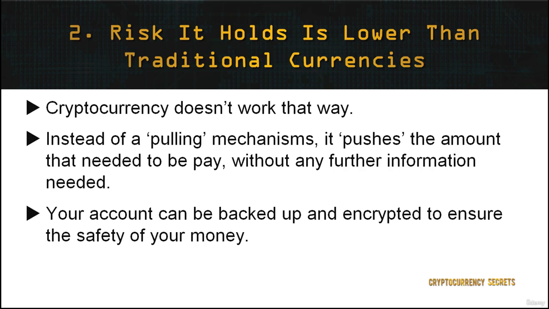Payments are possible without your personal information being tied to the transaction. Your account can be backed up and encrypted to ensure the safety of your money. By allowing users to be in control of their transactions, it helps keep Bitcoin, Ether, or other distinguished cryptocurrencies safe for the network.